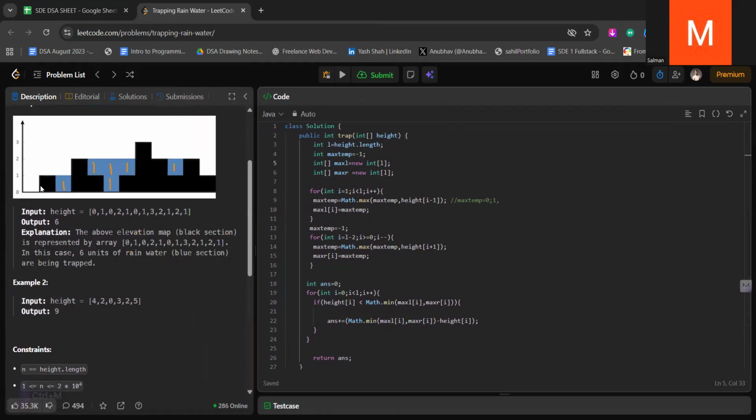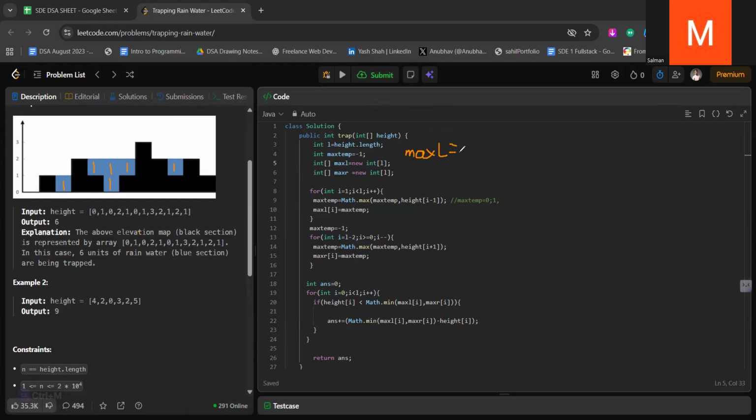What is the maximum of the left of this? Let me write it for you, right? First is maxL. The highest element on the left, for tracking the left boundary, right?